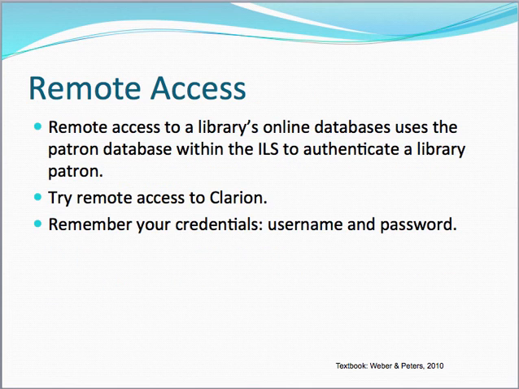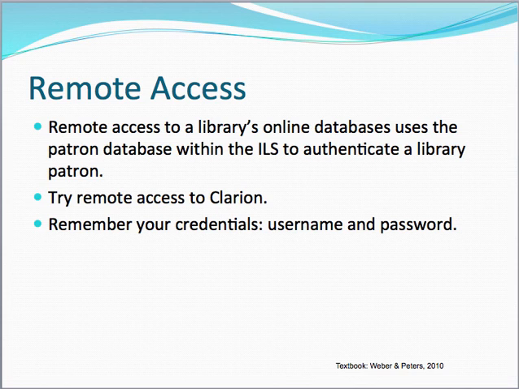One of the features of the integrated library system is that it has remote access. It's something that you can have if you want your patrons to be able to access your resources online. One example of remote access would be our own library, the Clarion University Library.